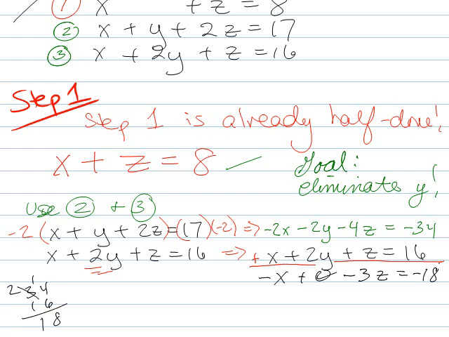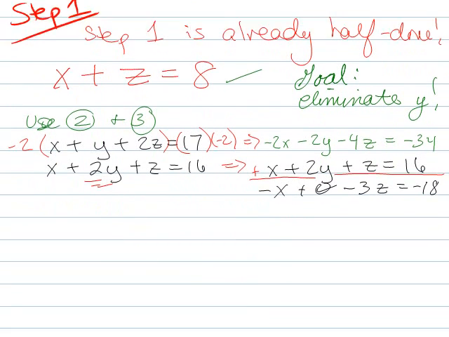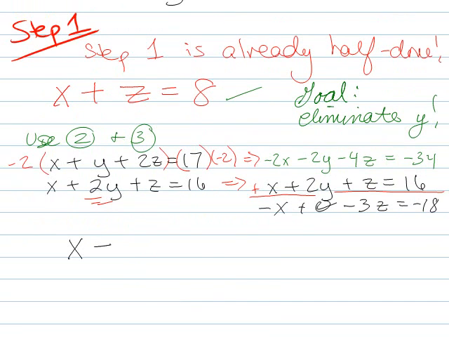I am actually capable of basic math, but just not in my head. Okay, so that means I've now got 2 equations and 2 unknowns. Just like that. So now I would solve for x and z, figure out what those are, then go back to one of my original equations and solve for y.